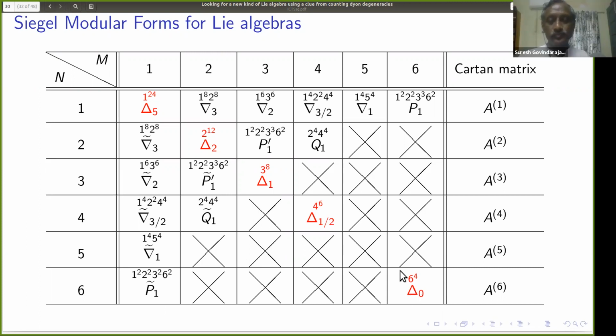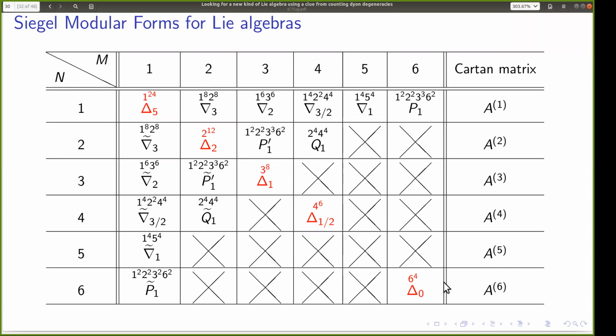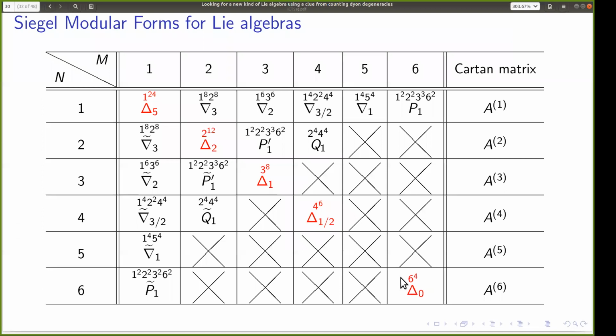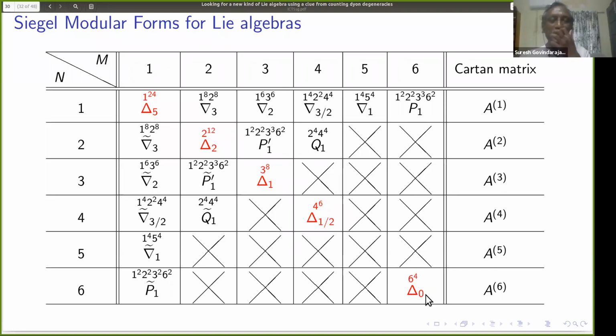But I don't know what that means. The whole story of Umbral moonshine, except for Mathieu moonshine, all the others are esoteric, mathematical stuff, where I don't think there are physics models, or at least not that I know of, where they appear.